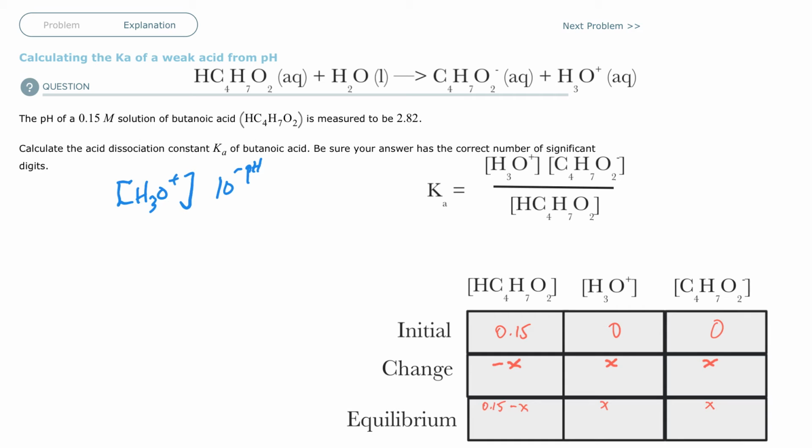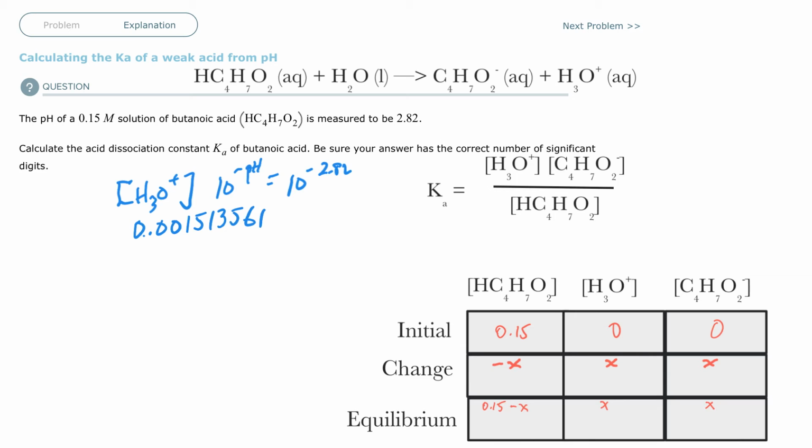Well, that is equal to 10 to the minus 2.82, which is 0.0015135561. Okay, so let's go to 4 places, 0.001514. Okay, that is your X.